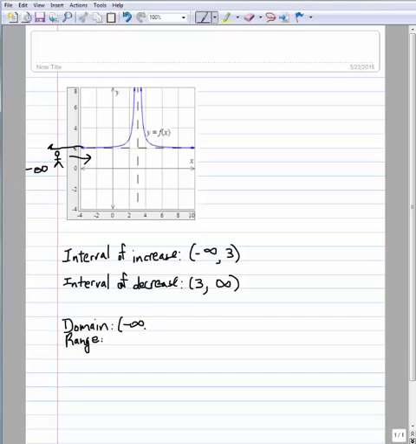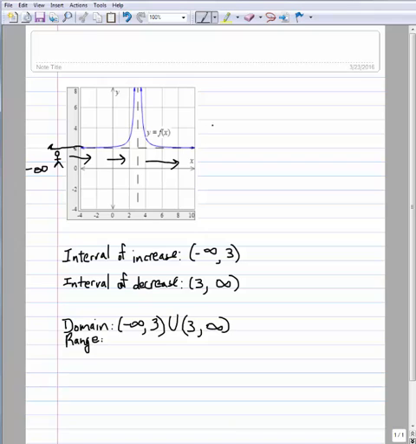We'll get to 3, but we don't include it, and we show that using an open parenthesis. But then it picks up on the right side of 3. Remember, this graph gets really close to 3, but it doesn't actually equal 3. So to show that in interval notation, we go from 3 to infinity, because this continues to show a graph. The break in the graph is at 3, so we don't include the x value of 3, and then it picks back up where we see a graph all the way to infinity.